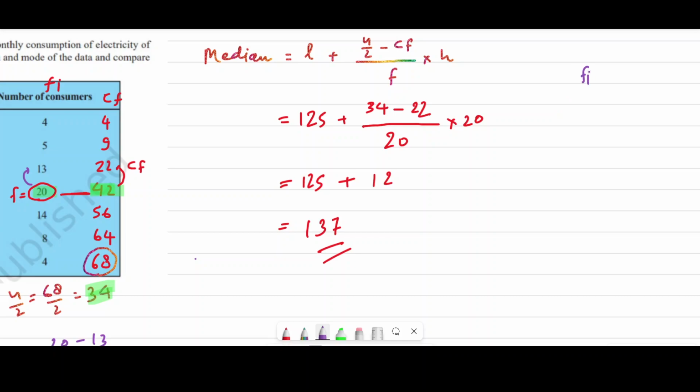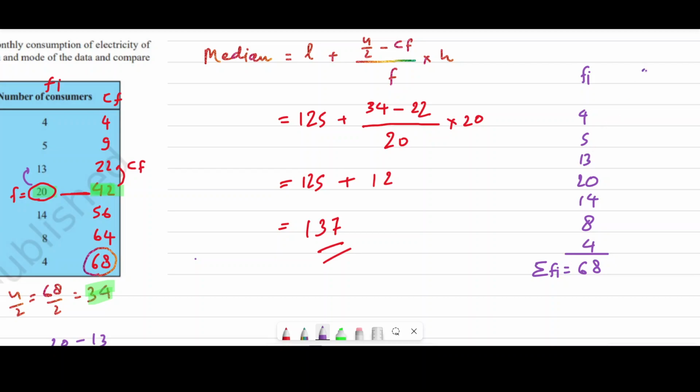Here the value of Fi. What is the value of Fi? That is 4, 5, 13, 20, 14, 8 and 4, and the total value of this is 68, sigma Fi.